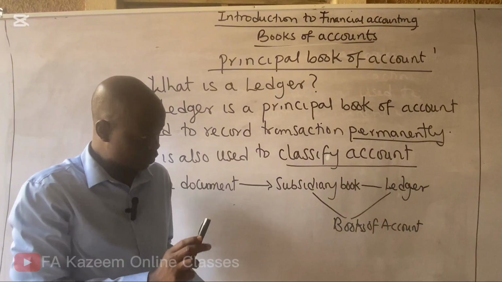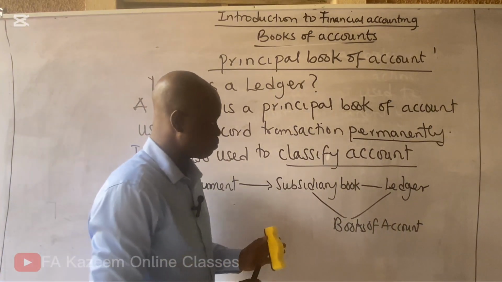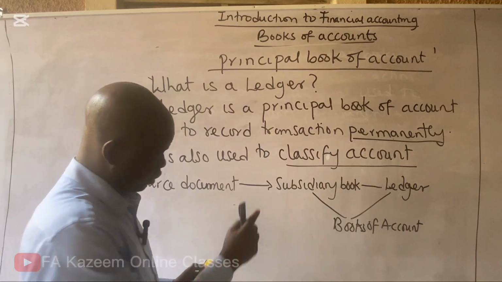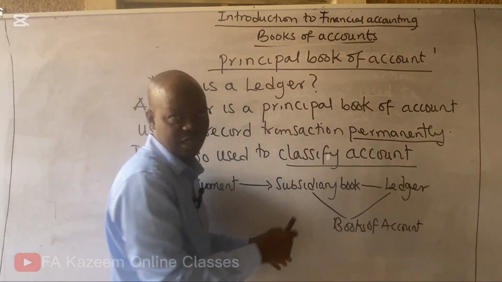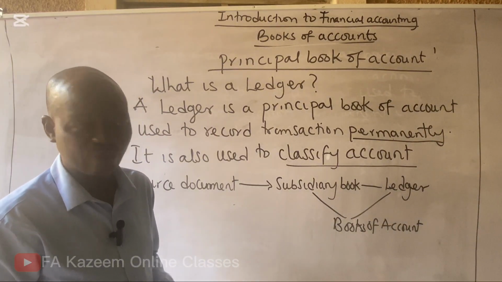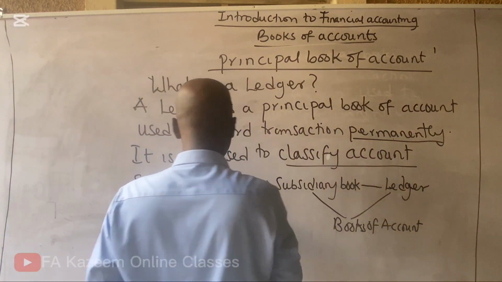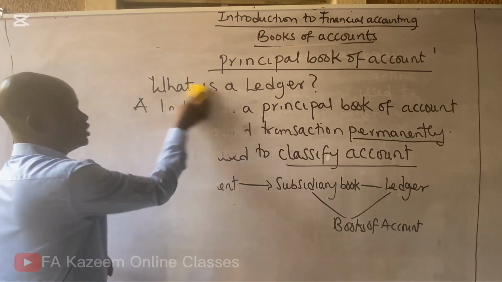But ledger is a book where the transactions are recorded permanently. The next thing is this. We said it is used to classify accounts. In that case, what are the classifications of ledger? That's what we are looking at next.